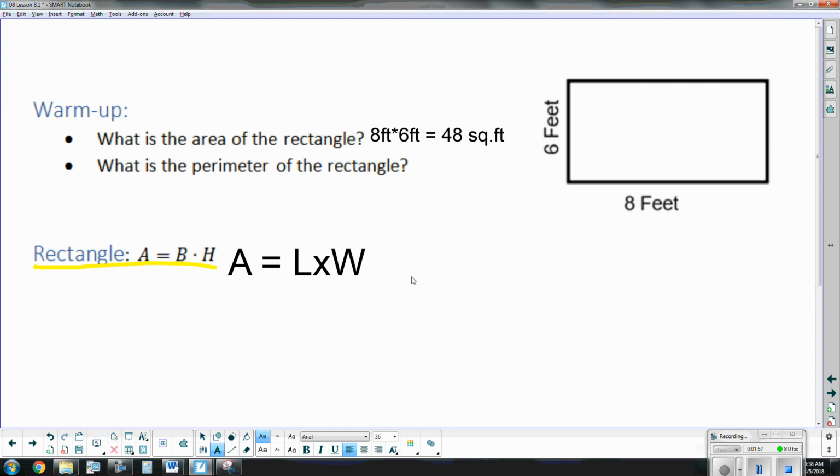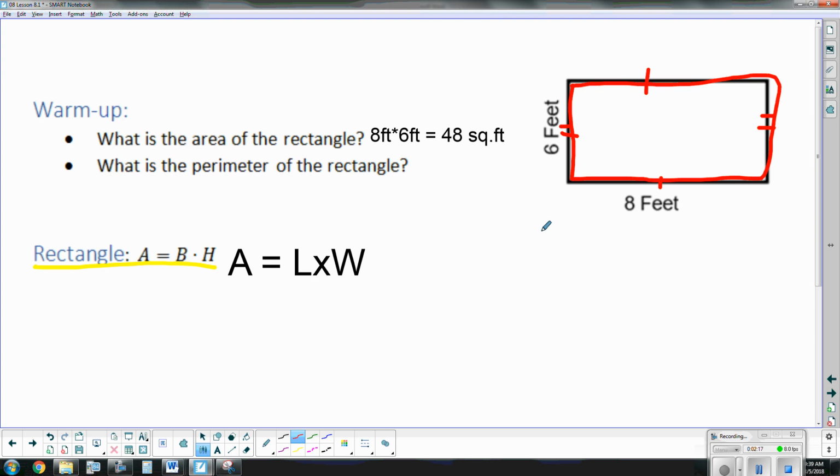And the second question, what is the perimeter of the rectangle? Well, if you think of perimeter, that's how much fencing you need. So that's the distance around the polygon. In this case, this is a rectangle, which means opposite sides are congruent.